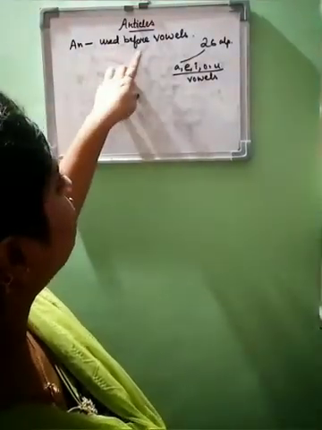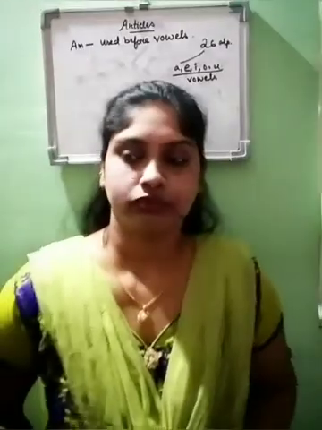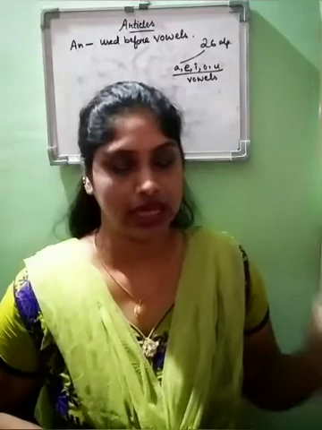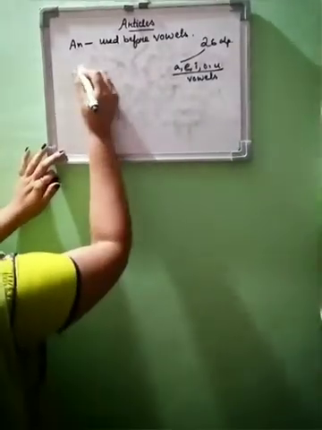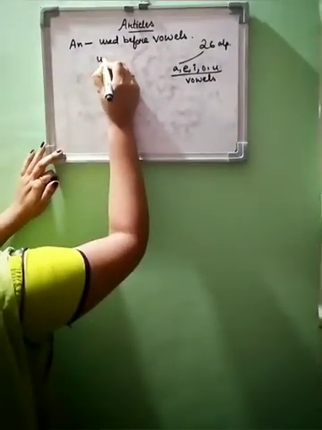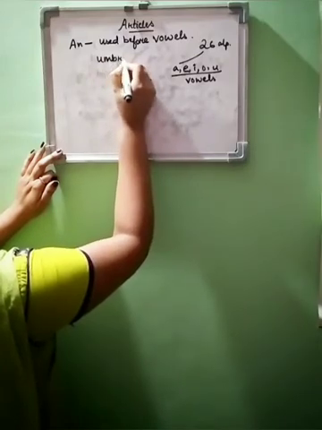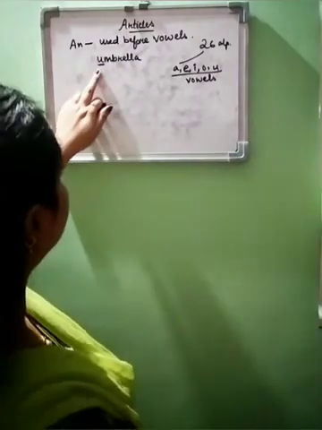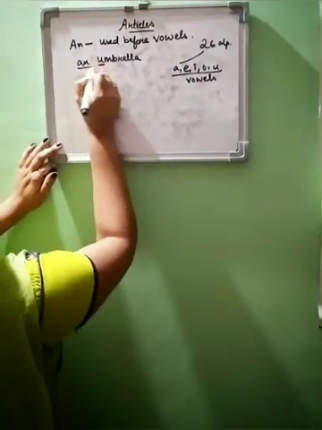An is used before vowels. Now the words which start with the vowels, for example, umbrella. The first letter is U, that is a vowel, so we will put an.